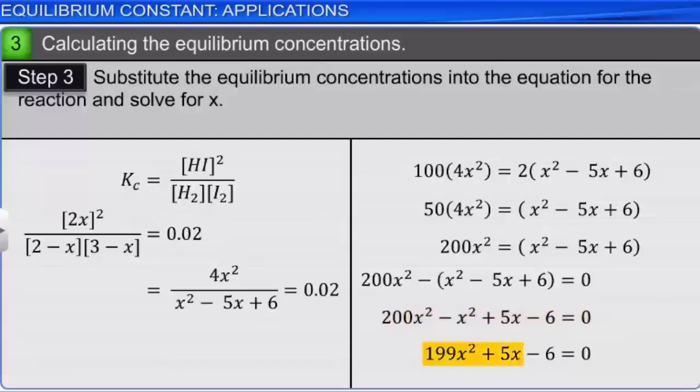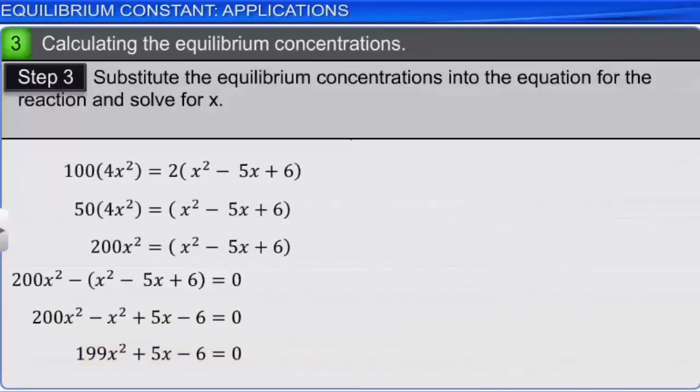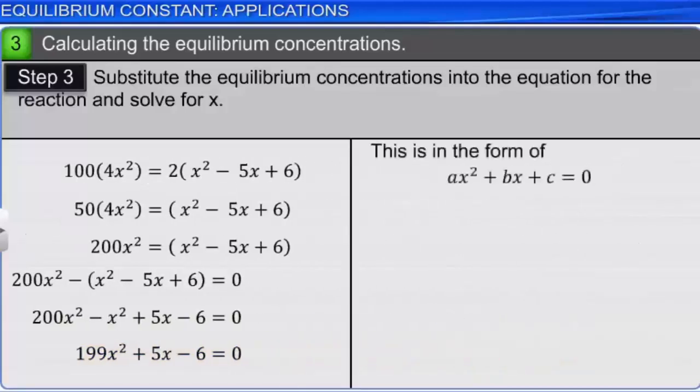This is in the form of a quadratic equation ax square plus bx plus c is equal to 0. In this equation, a is equal to 199, b is equal to 5 and c is equal to minus 6.